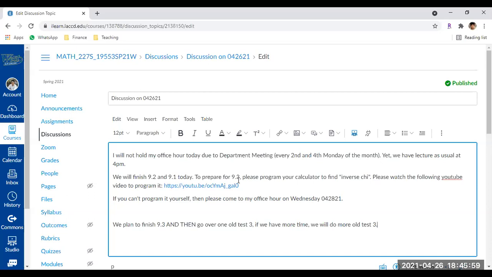But if we spend time to program that, we will have less time to actually do 9.3, because you don't do what you're supposed to do at home, right? And less time to do old test 3. So basically it becomes a domino effect. That's why I strongly suggest you program your calculator for that.